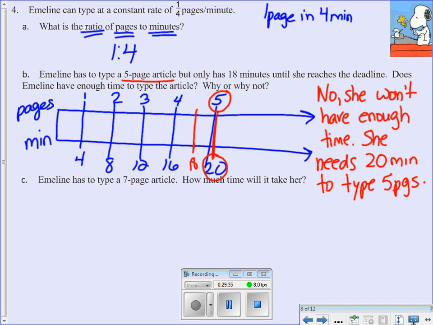So no, she will not have enough time because it will take her 20 minutes to type 5 pages. And the double number line will help us answer part C for a 7-page article. So 6 pages would be 24, 7 pages would be 28.